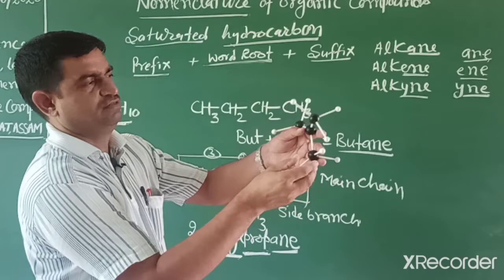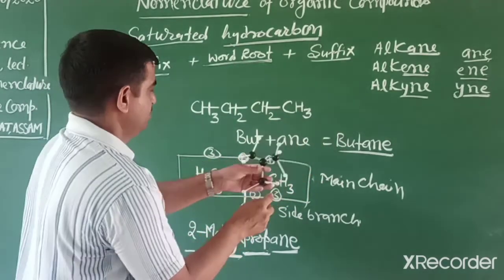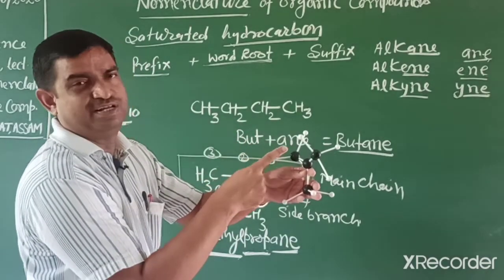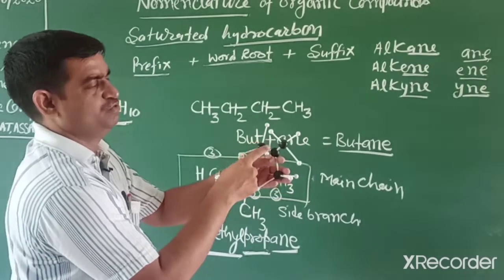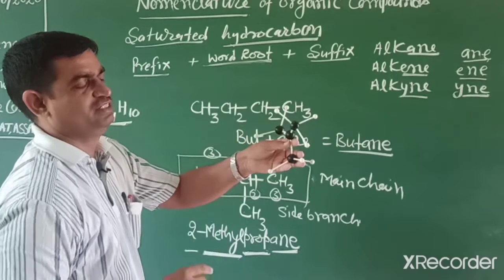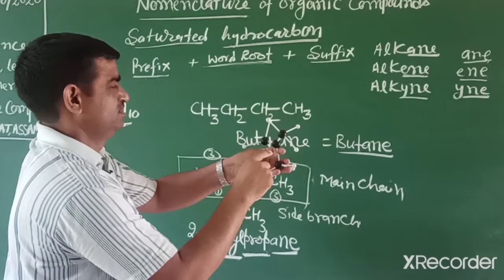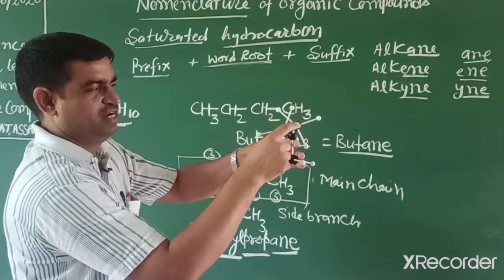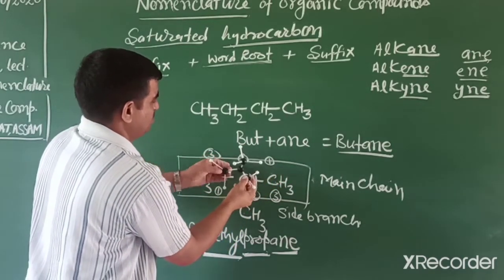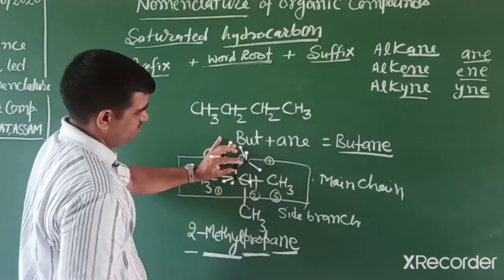If we count the number 1, 2, 3, so this one is a main chain. We have to start from any one corner, one end, 1, 2, 3, or we can start from this side, 1, 2, 3, this is also a main chain. If we take this side, 1, 2, 3, then this one is a substituent. If you start from this side, 1, 2, 3, then that one is a substituent. So any side like this one, you can create upper side or lower side, no problem.